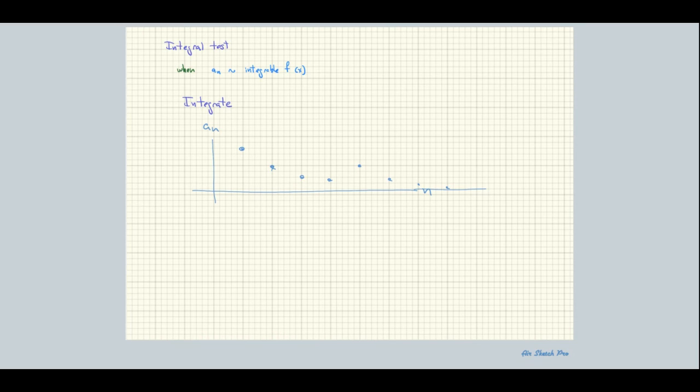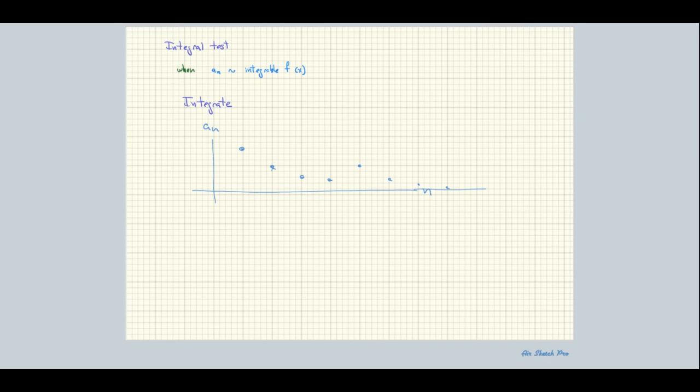Now the sequence itself that's underlying this is not a continuous function. It's defined for particular values of n. But if I replace the n with an x, I find myself with a continuous function.